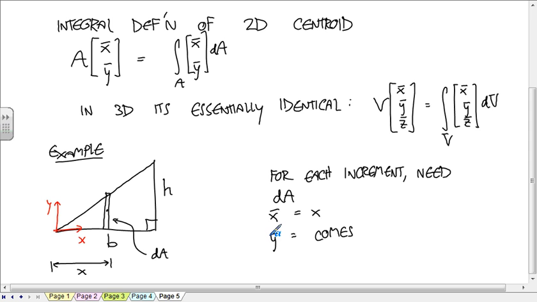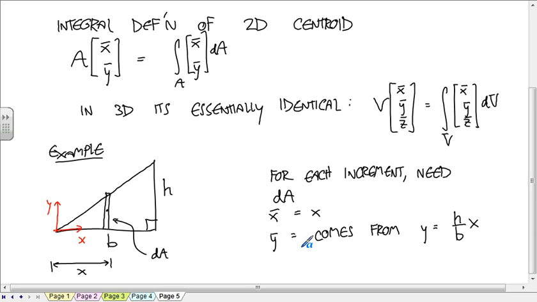The y centroid is going to come from the line formula y equals h over b times x. If we just use this function, that would give us the height of this rectangle. That's not exactly what we want. We want half of that, because we want the midpoint between y equals 0 and y equals this.